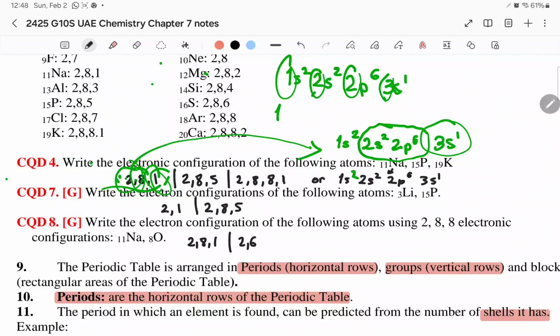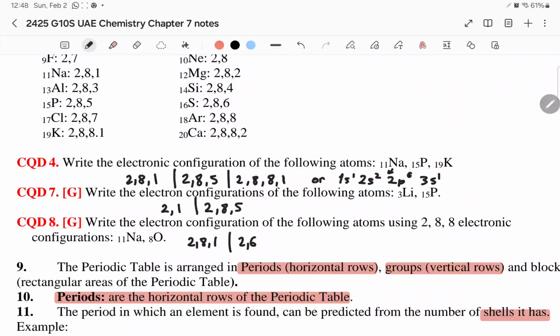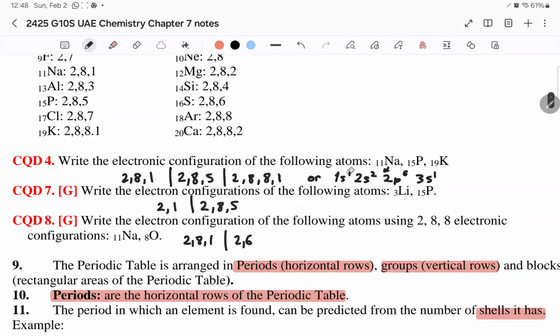If you want, let me try writing the electronic configuration for the second one. So here you have 2, 8, 5. So we start off with 1S2. Now for the 8 again, 2S2 2P6. Now for the 5, 3S5? Or wait, no, not 3S5.